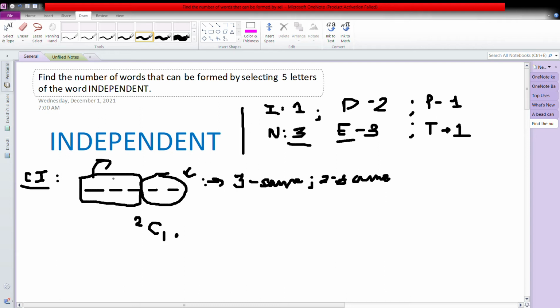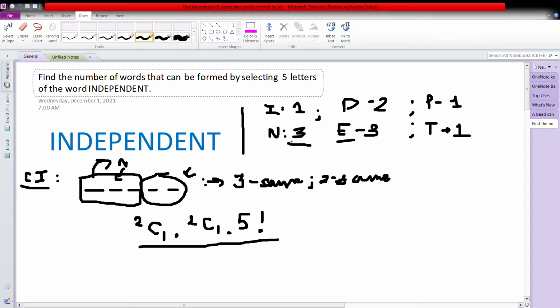Because suppose N is placed over here, then only D and E are eligible for this place. From those 2 options we select only one, because they have to be the same. But since there is no constraint on whether it should be repeating or non-repeating, we can shuffle these as well, so we multiply by 5 factorial.